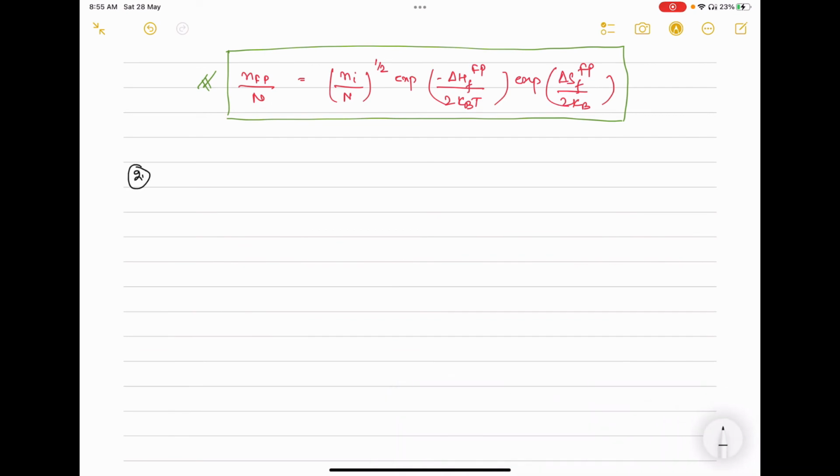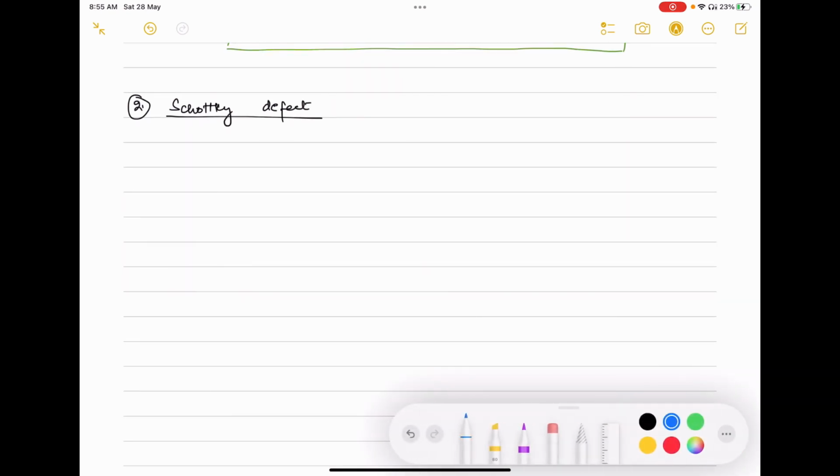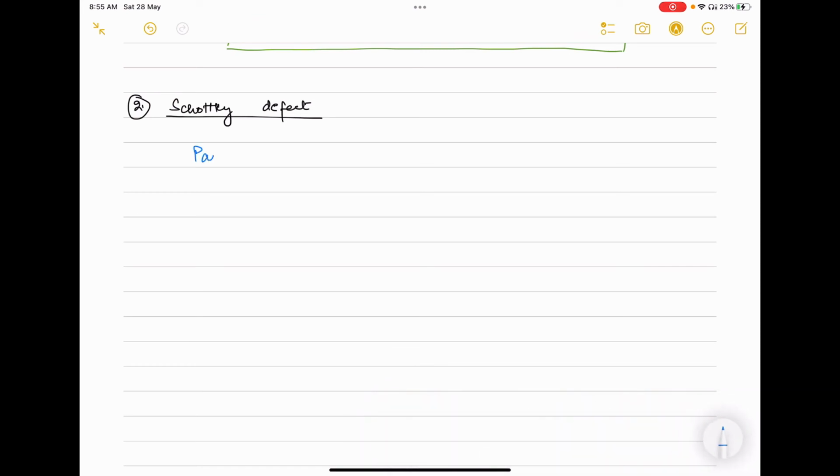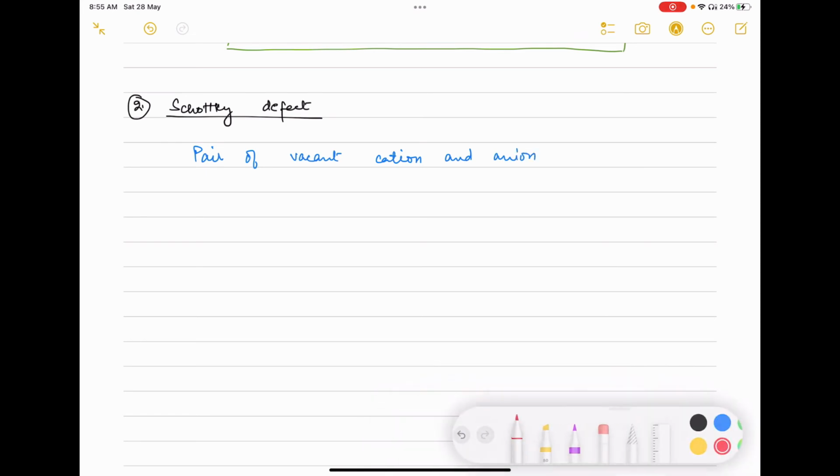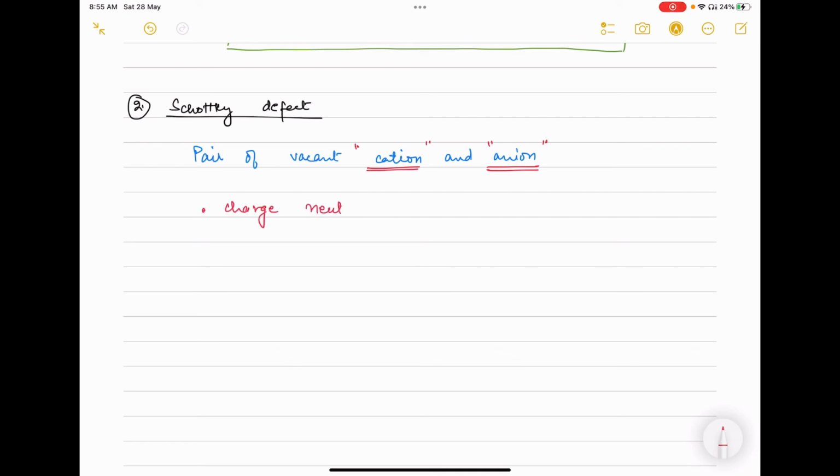Now next is the Schottky defect. So what is a Schottky defect? Basically it is a pair of vacant cation and anion. So it should always be made sure that a cationic species and an anionic species are both missing for the same charge, and necessarily charge neutrality should be maintained.